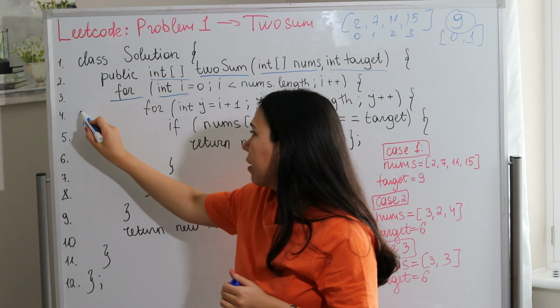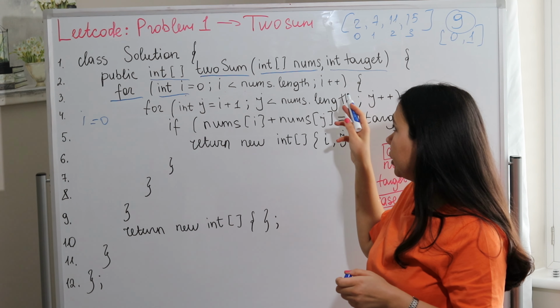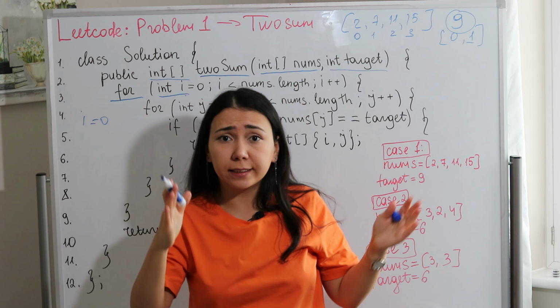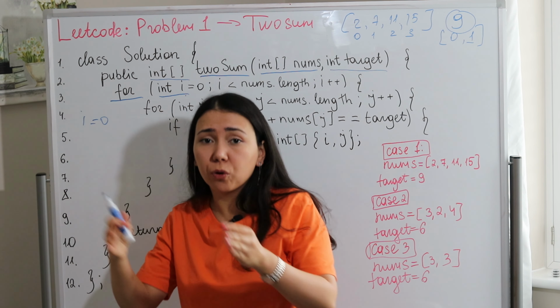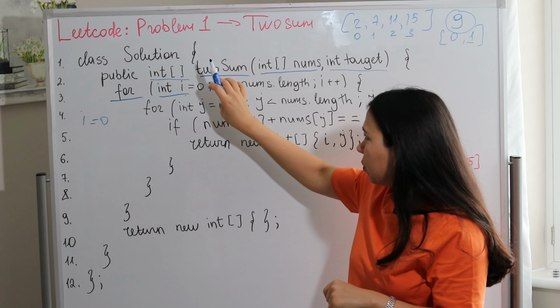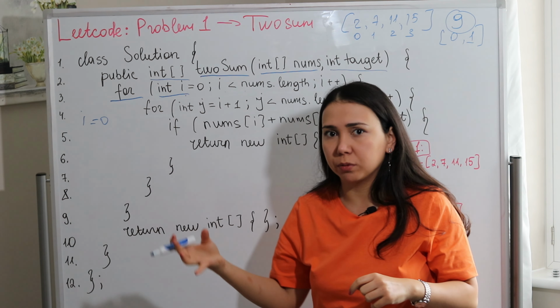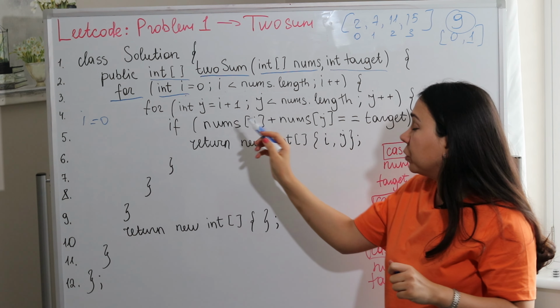What do we have so far? i is 0, we increase i with each iteration, and i is less than the length of nums. So basically it's an index that will go through each number in the array. Then in this loop, we nest another loop, a nested loop, that will do the following.